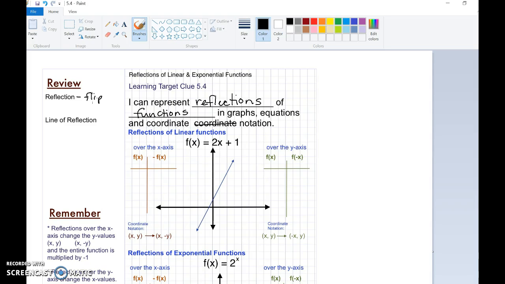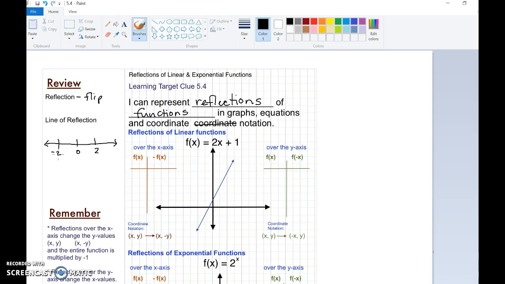So I want you to think a little bit about reflections, and I want you to think about the number line, because you've done reflections without ever realizing it. If I have the number 2 and my line of reflection is 0, then if I wanted to reflect 2 across the line of reflection, which is 0, it would land at -2, correct?